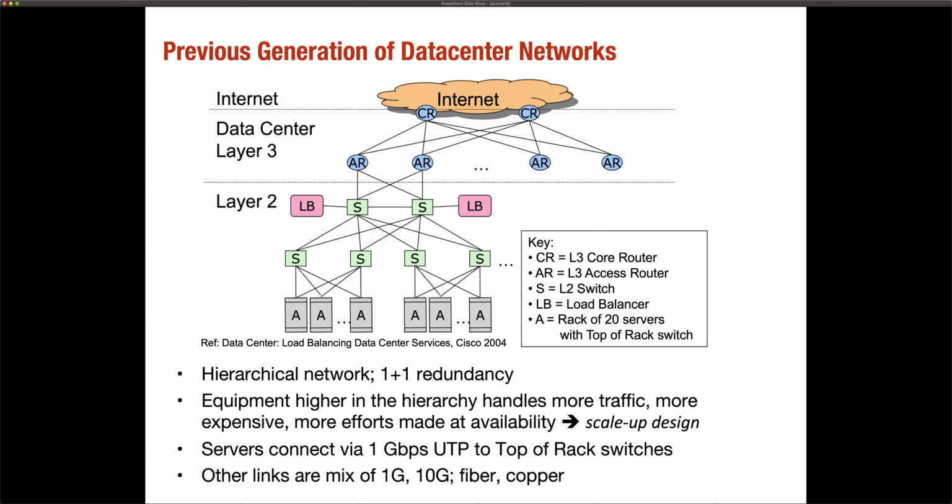There was a hierarchy of these switches, and the top level of the hierarchy of S switches was connected to the L3 access router, or AR, right? And that is the layer 3 part of the network in the data center.